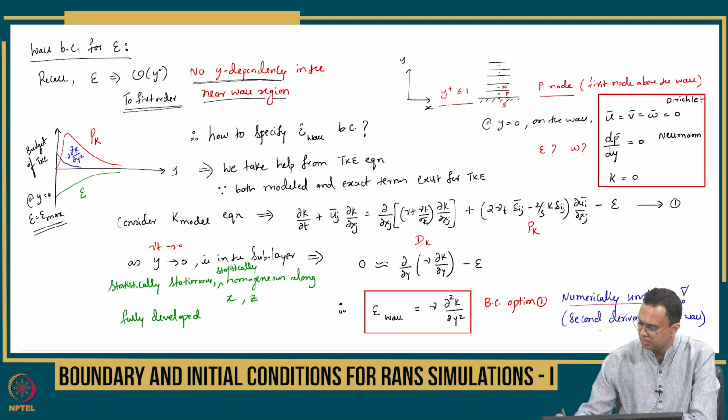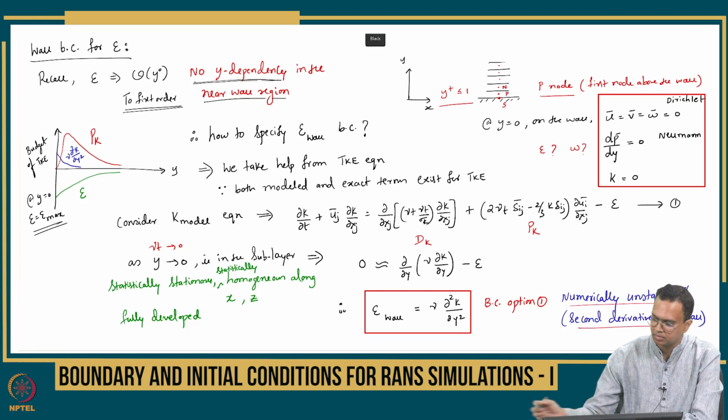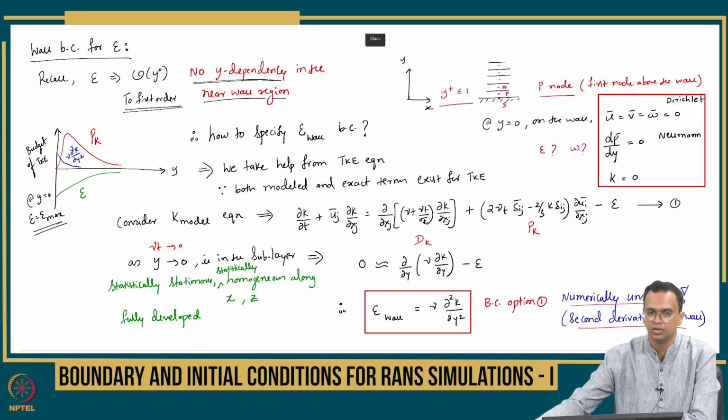This condition can be implemented, but it will be numerically unstable. The Neumann condition, as Nirupam suggested, is also possible, but it will not give good results. If you specify it, the code may work, but you will not get good results.